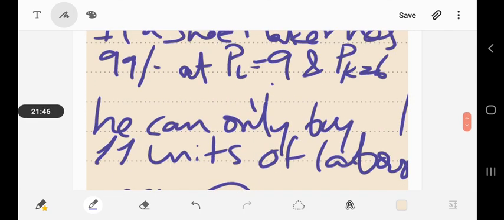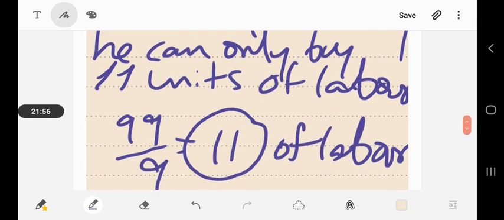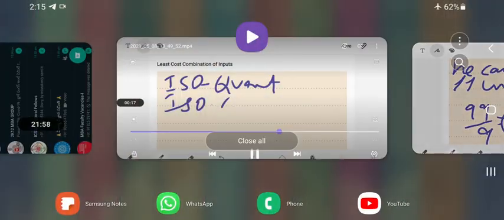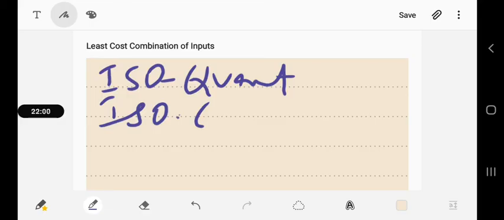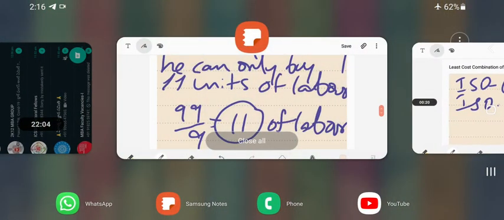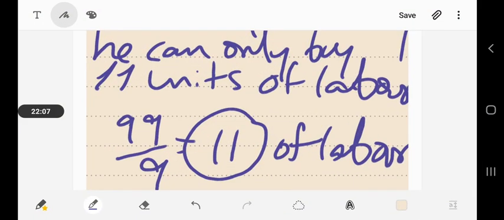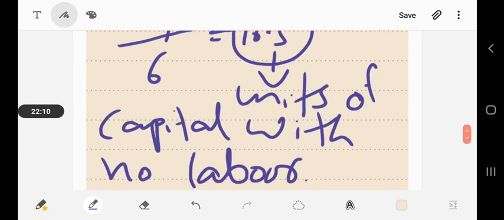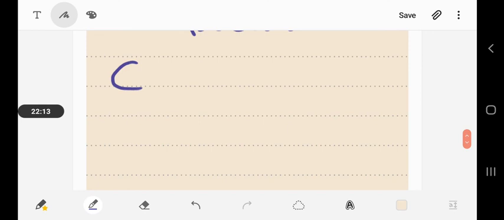Therefore, the firm may produce a particular quantity of its product at each of the alternative input combinations that lies on the isocost curve, that lies on this C. Therefore, C is equal to 99.